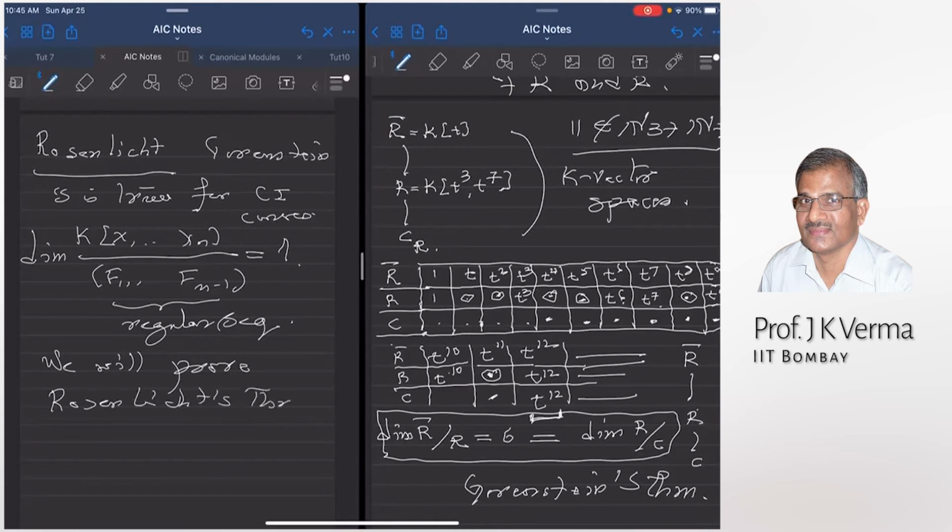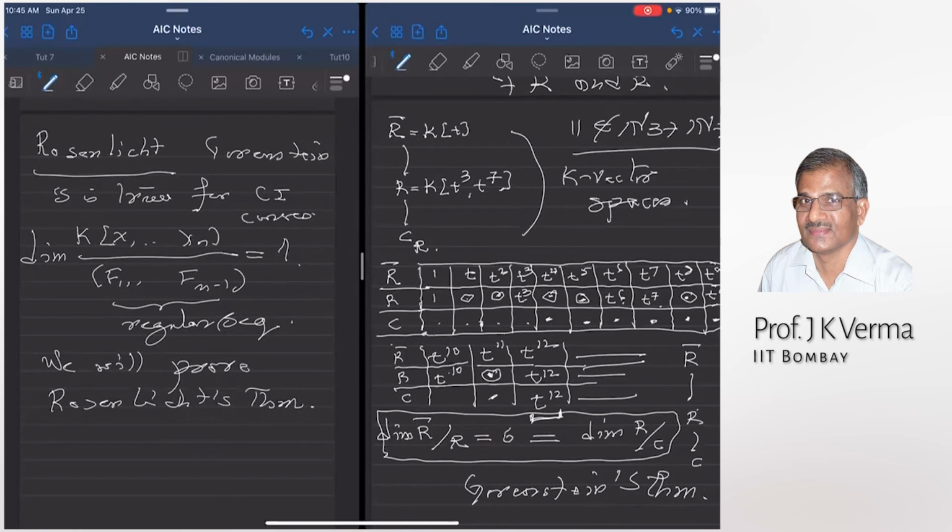And of course, it implies Gorenstein's theorem, because Gorenstein's theorem is for an irreducible curve defined by one equation in the plane. So Rosenlicht is certainly more general than this. So we want to prove that the dimension of R bar over R is the dimension of R over C when you localize at any point.